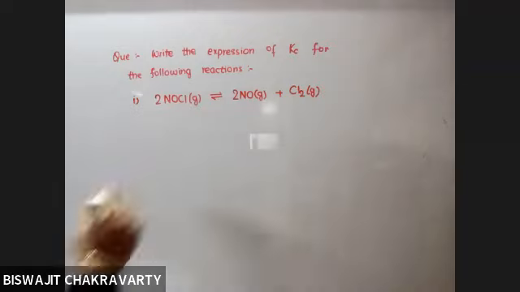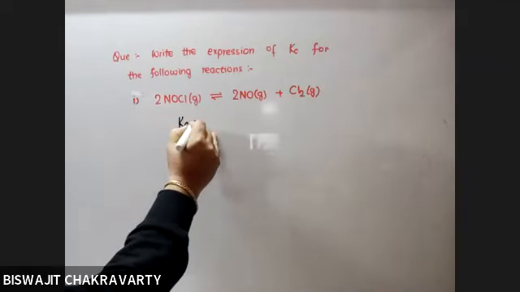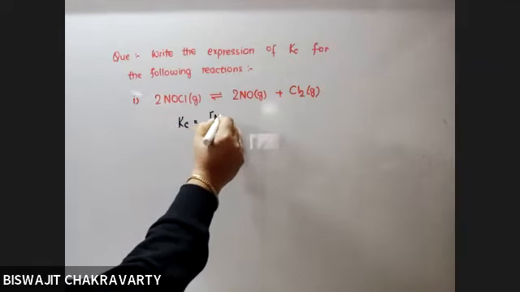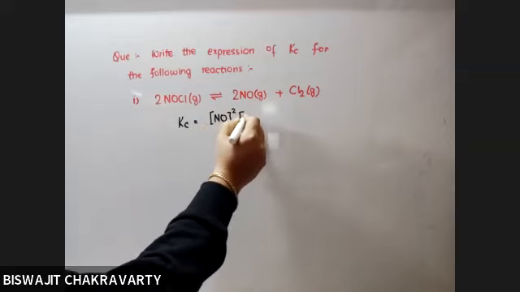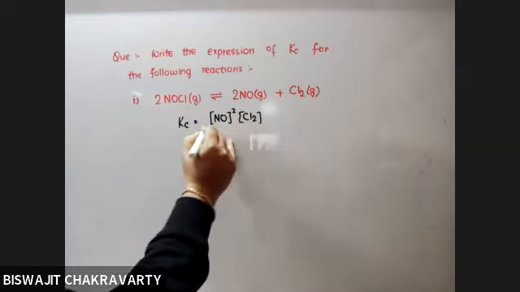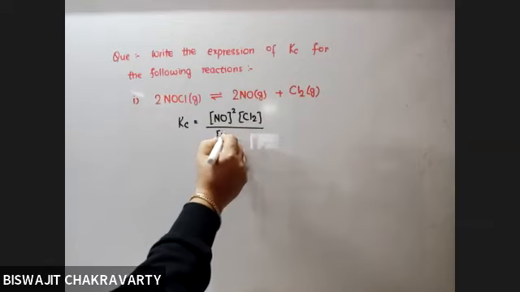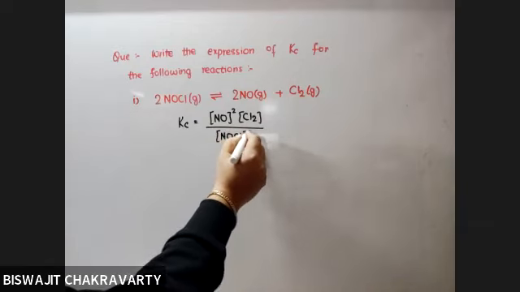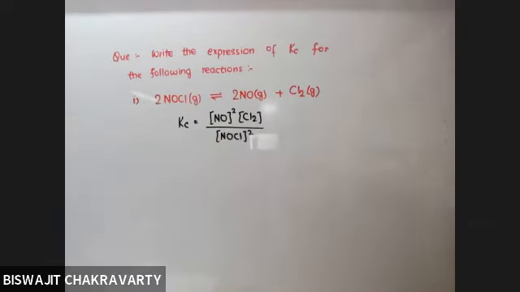So the Kc expression will be: concentration of NO squared into concentration of Cl2 divided by concentration of NOCl squared. Clear? Yes, sir.